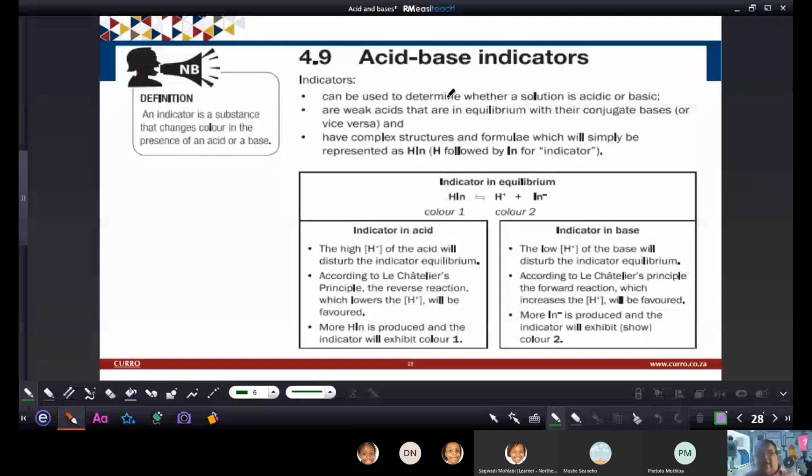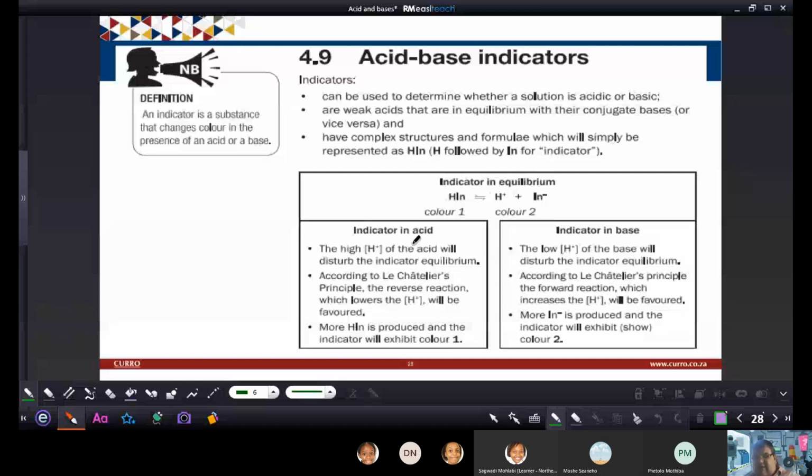So we're looking at acids and base indicators. So to actually know if something is an acid or a base, you get indicators. The indicator colors the color of the acid or the base, okay? So if we have this reaction here, we have hydrogen, and we add an indicator to it, we will get a specific color.